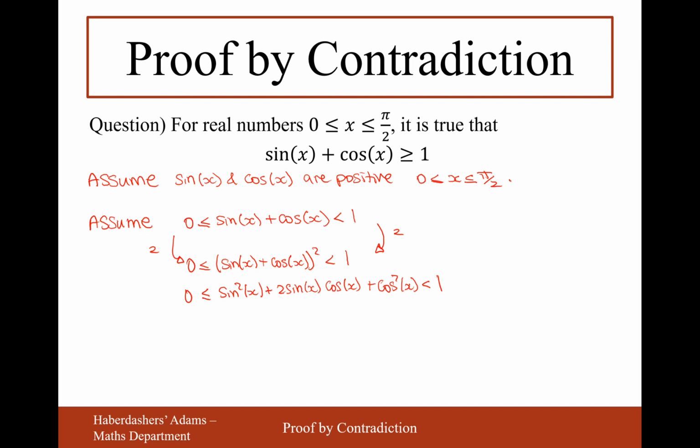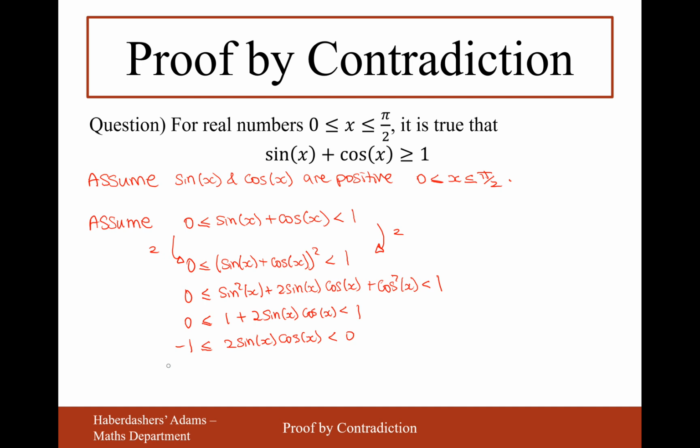x is less than 1. Now we know that sin squared plus cos squared will equal 1, so I'll therefore write this as 1 plus 2 sin x cos x is less than 1. Now I'll take away 1 from all three sides, and I've got minus 1 is less than or equal to 2 sin x cos x is less than 0.